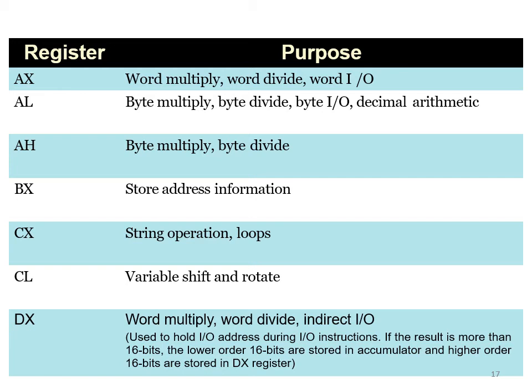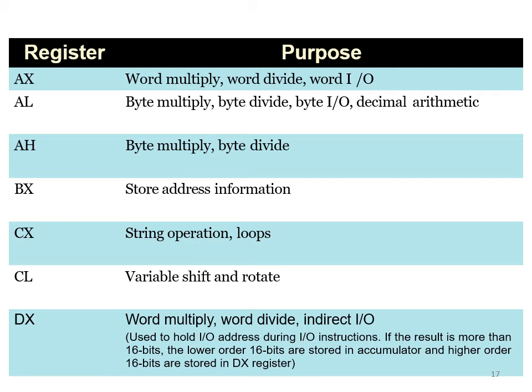Then sometimes in your program you need to repeat a set of instructions multiple times, or you need to do a loop. That loop count can be stored in the count register, which is given as CX. And sometimes you need to shift or rotate the bits for various purposes, so then we can go for the CL register.